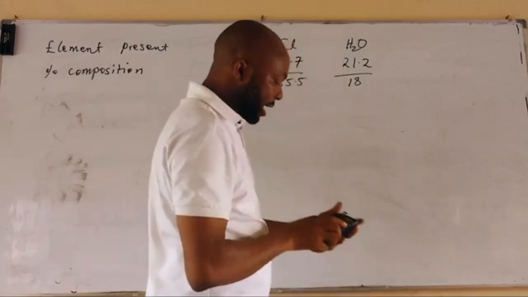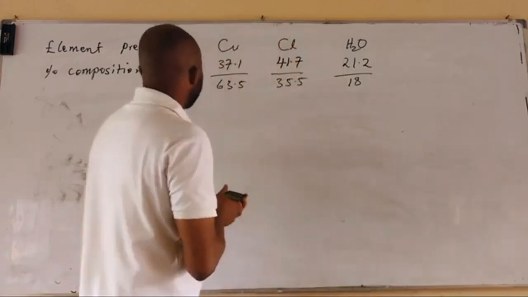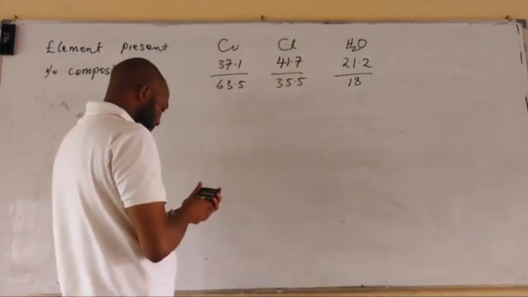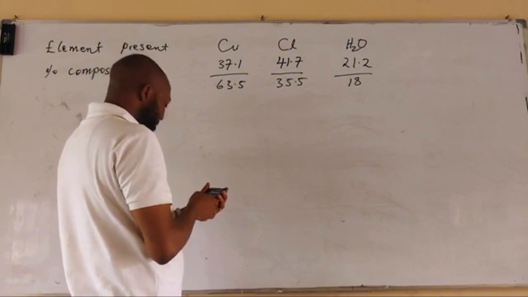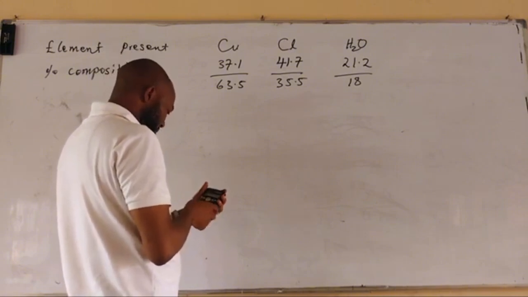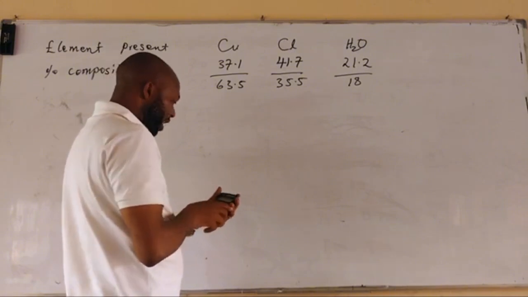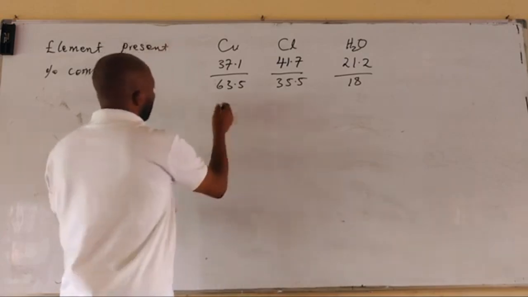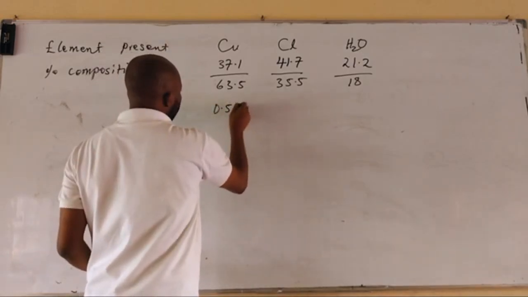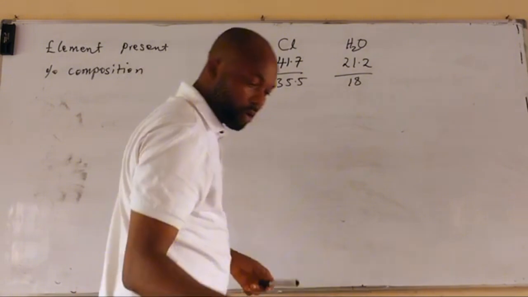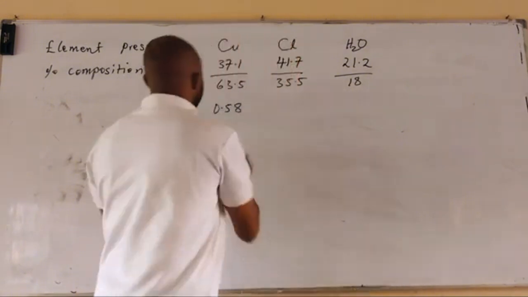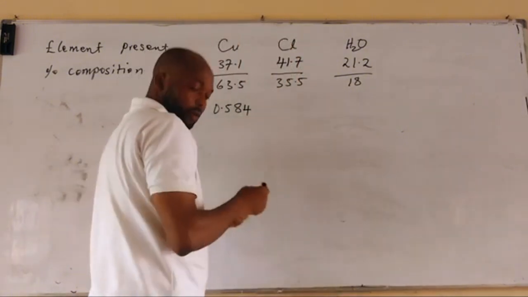When we divide that, we have 37.1 divided by 63.5, which gives 0.584.